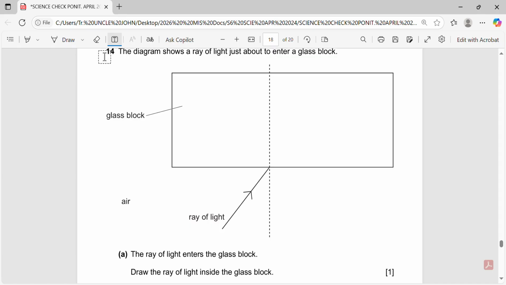So what we can do here, we shall need to refract this ray of light, and a better way to refract it, you have to make sure it is refracted inside here.